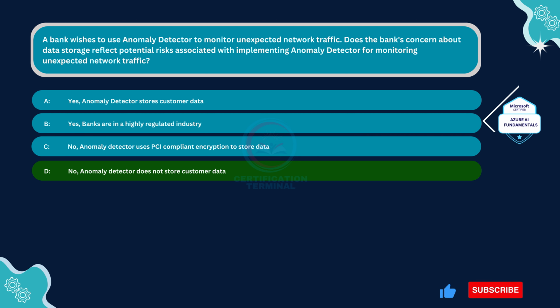The primary function of an anomaly detector is to analyze data in real time or in batches, detect outliers or anomalies, and alert stakeholders or trigger automated responses based on predefined rules or thresholds. They operate on data without necessarily storing the data itself. The primary goal of an anomaly detector is to provide actionable insights based on the analysis of data.